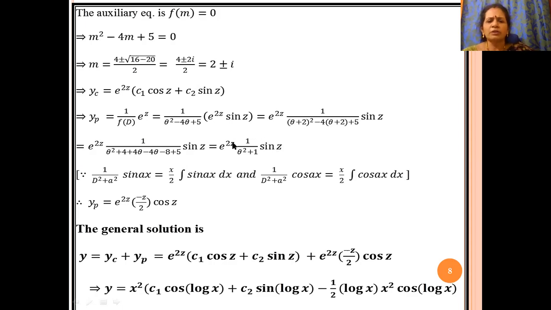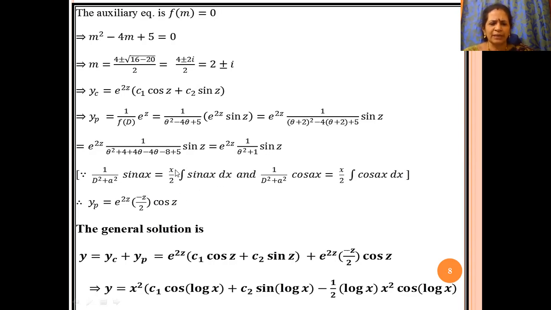Now, if we have a functional value like this, we have to use this formula. This is in the form of 1 by d square plus a square, sine ax, where a is 1 here, right? So what is the formula?